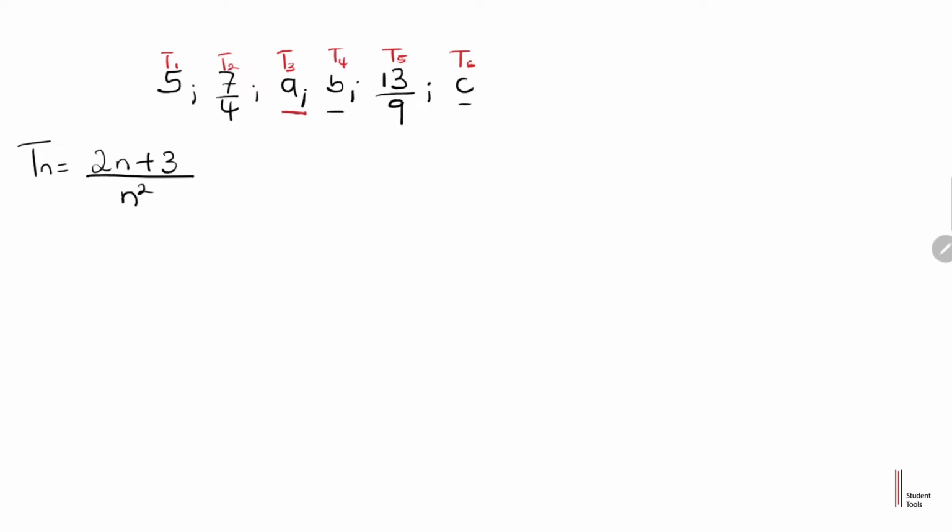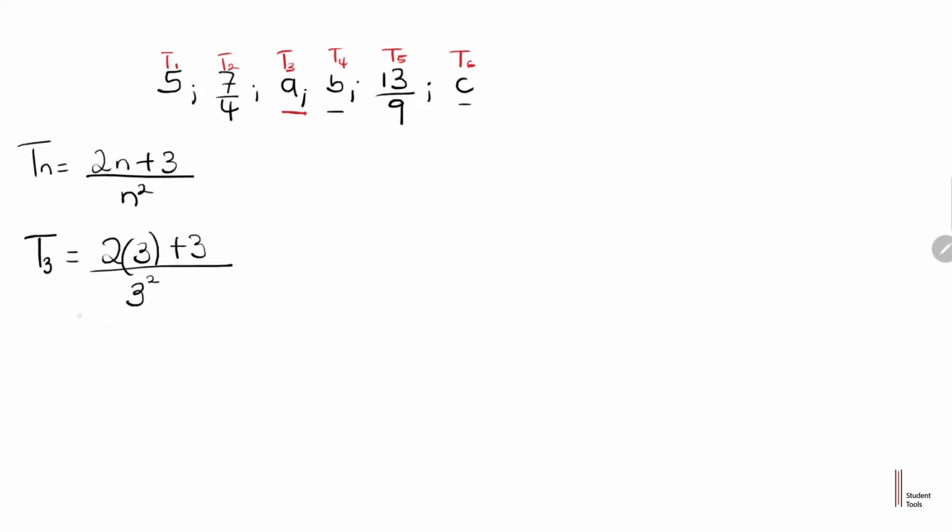So to do that, we'll have t number 3 equal to 2 multiplied by n, and n we are replacing with a 3, plus a 3 over 3 squared, because we are replacing it with the 3.